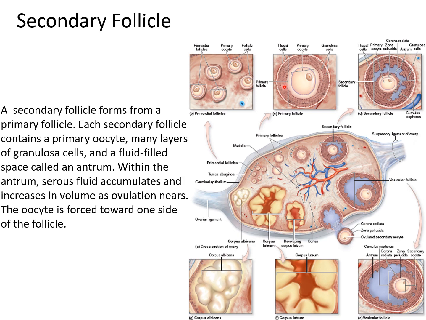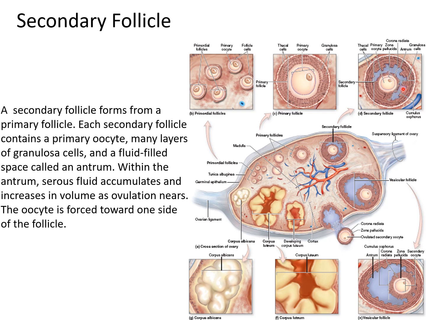From the primary follicle, you get development of the secondary follicle. The secondary follicle contains the primary oocyte, many layers of those granulosa cells, and you start to get the creation of this fluid-filled antrum, which is just the space inside the follicle that's filled with fluid.